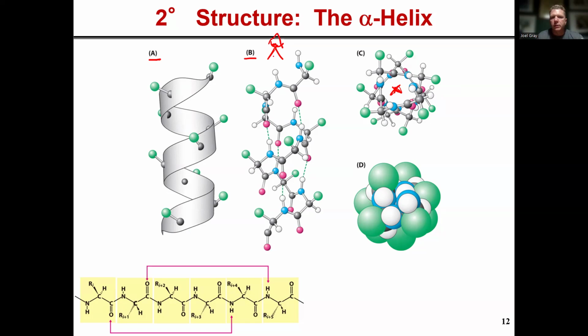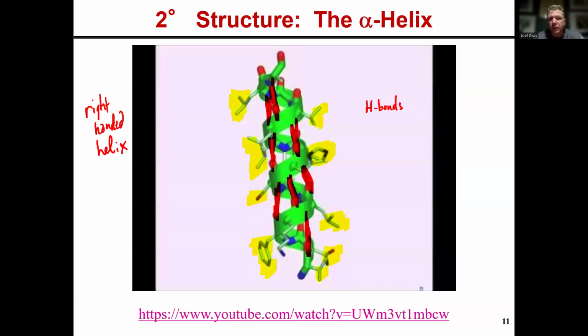Yes, these are my eyes, and we're looking down. And then here is a space filling model, model B, of what that looks like. Now I'm going to toggle back and forth between this slide and this slide. I really like this model right here. I think that it shows a good depiction of an alpha helix because you have all of the different components. Sure, it's got the ribbon diagram, but that ribbon represents your alpha helix.